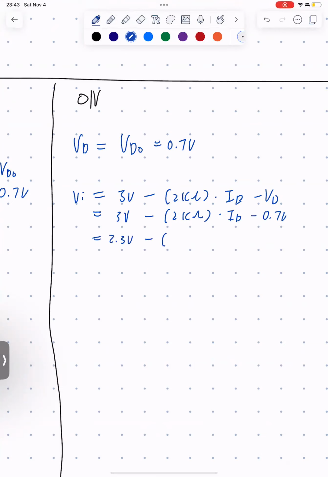And simplifying. Okay, and now let's isolate ID so we can express it with VI and use it later.